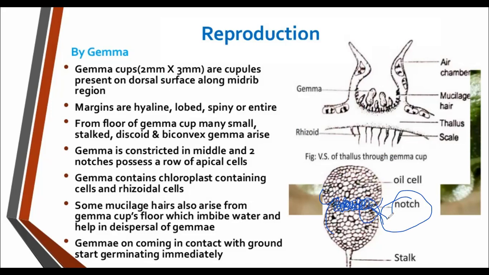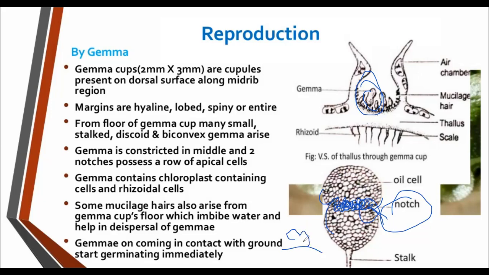Now, when the water is more, when the Marchantia grows in watery areas, these gemmas come out of the gemma cups, and they float in the water and fall onto the surface. So when this gemma falls onto the surface of the ground, what happens?